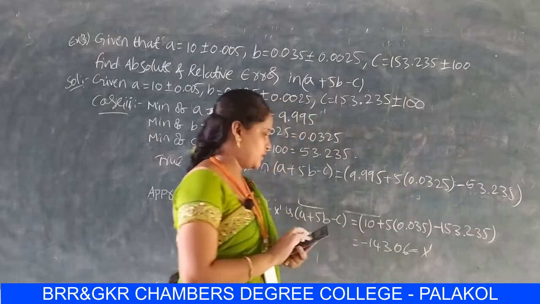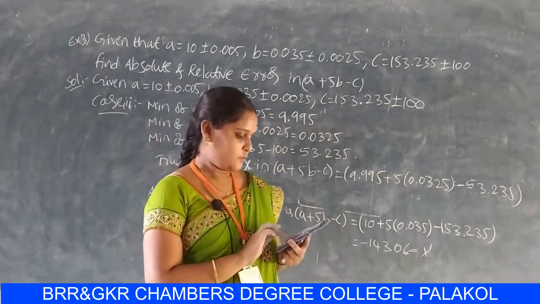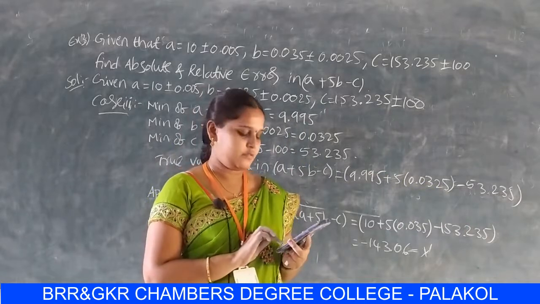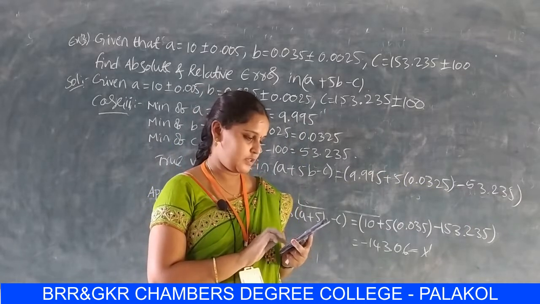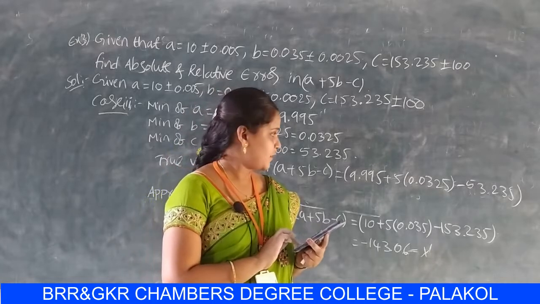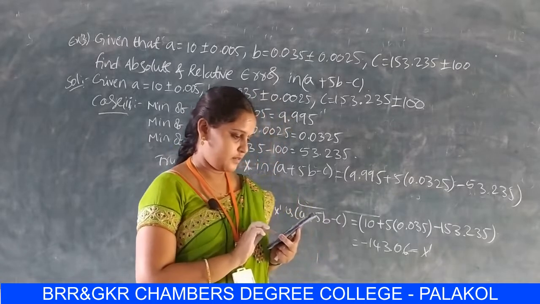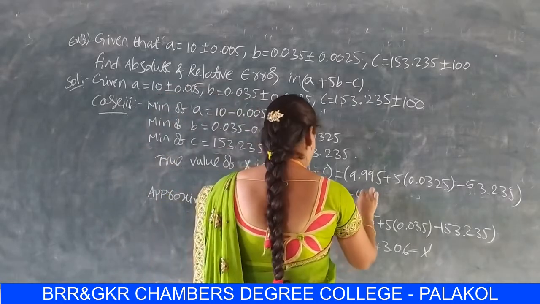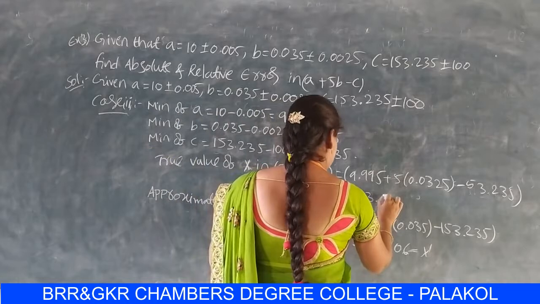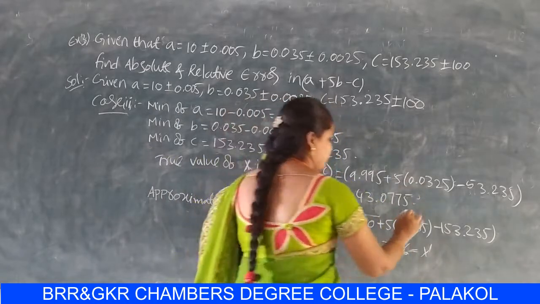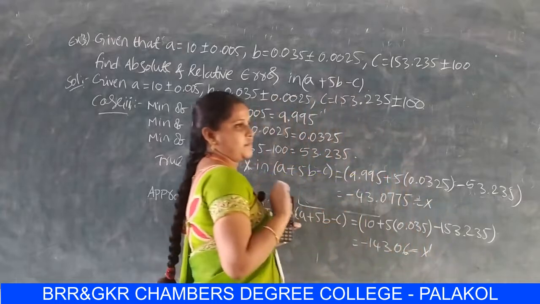So we solve this value: 9.995 plus 5 into 0.0325 minus 53.235. We simplify, and the value is minus 43.0775. So this is the true value in the minimum case.